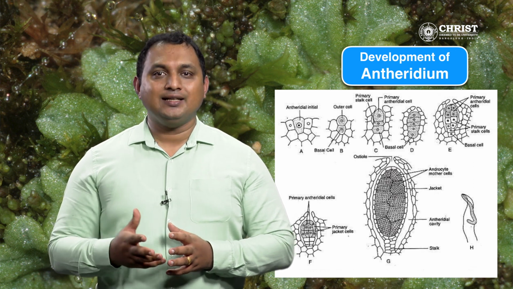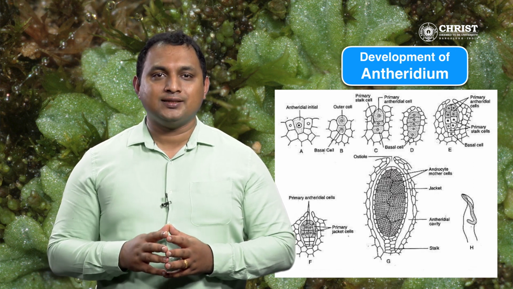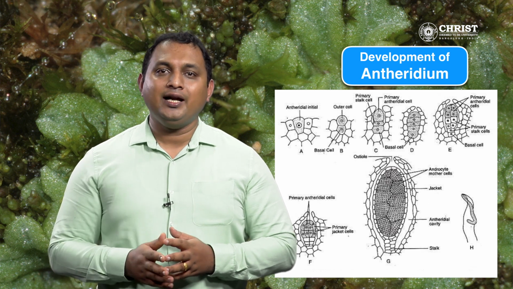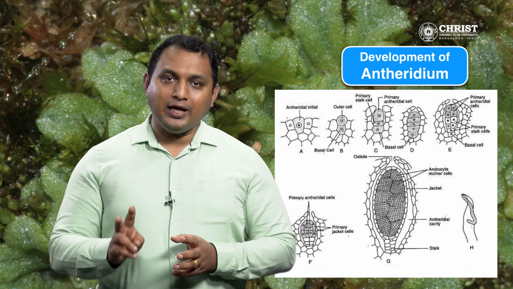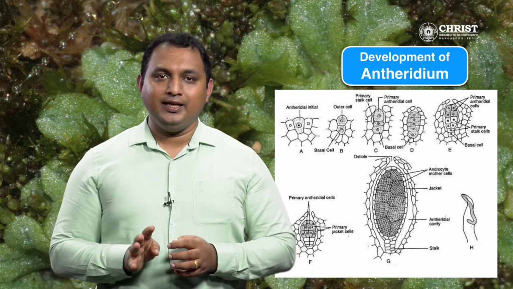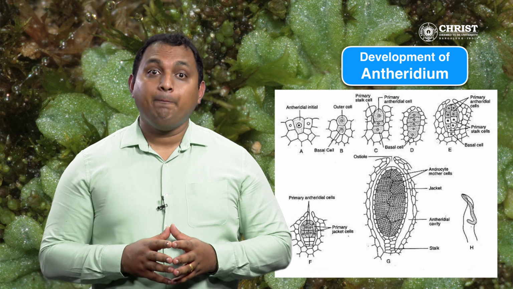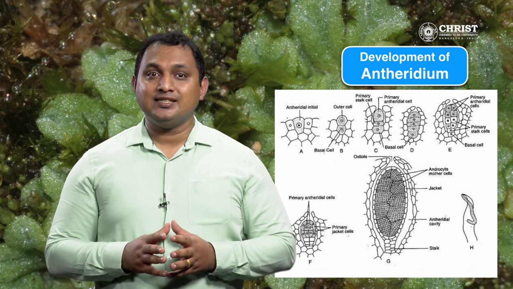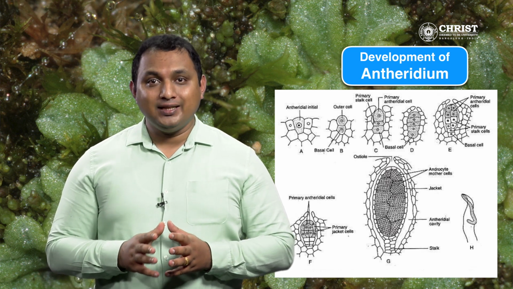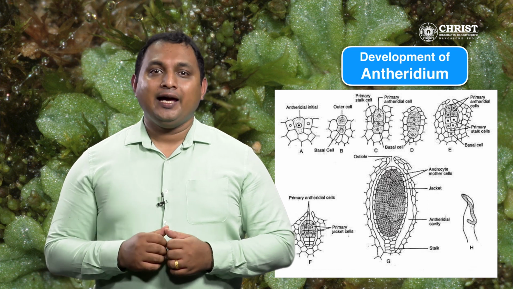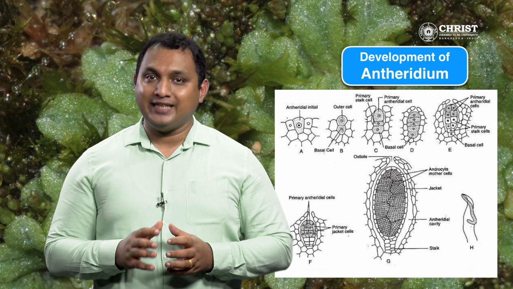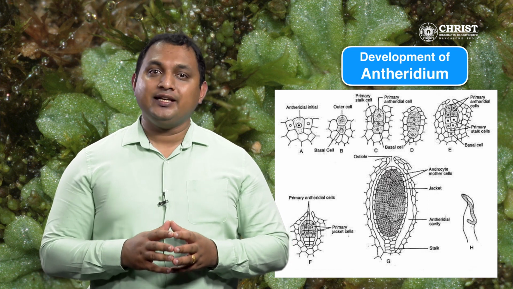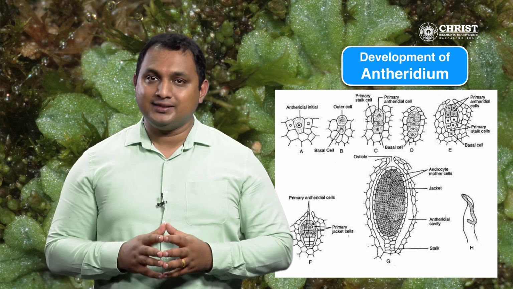Primary antheridial cells divide by 2 successive vertical divisions at right angles to each other to form 2 tiers of 4 cells each. This is followed by a periclinal division laid down in both the tiers of 4 cells, and there is the formation of 8 outer sterile jacket initials and 8 inner primary androgonial cells.